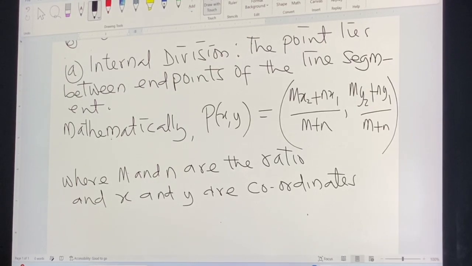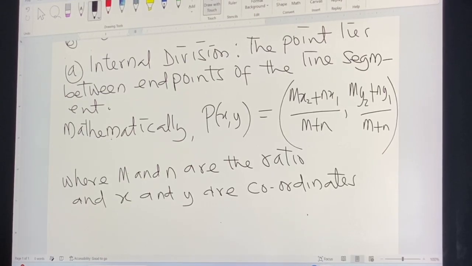Where M and N are the ratio and X and Y are coordinates. Let's solve some questions here to understand this perfectly.